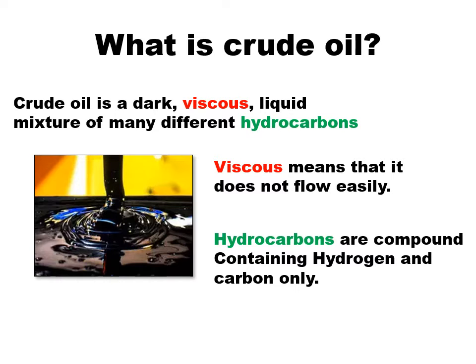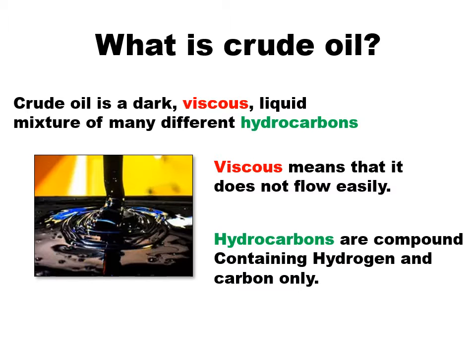So what is crude oil? You can see in the picture, crude oil is a dark, viscous liquid mixture of many different hydrocarbons. Just imagine that there are many hydrocarbons contained in the mixture, which makes it very concentrated, very viscous, and very dark.